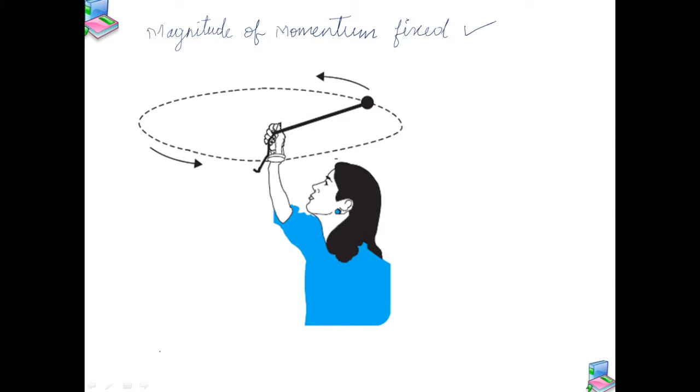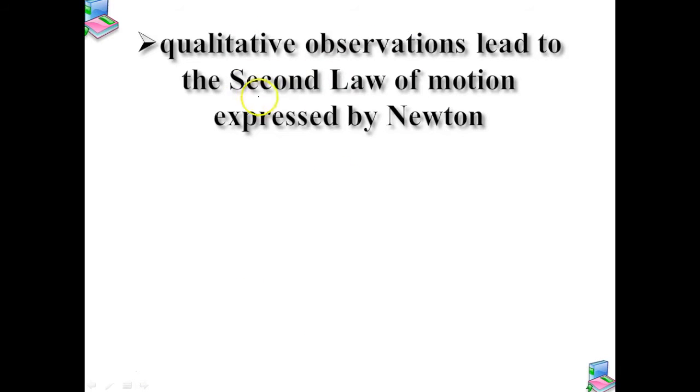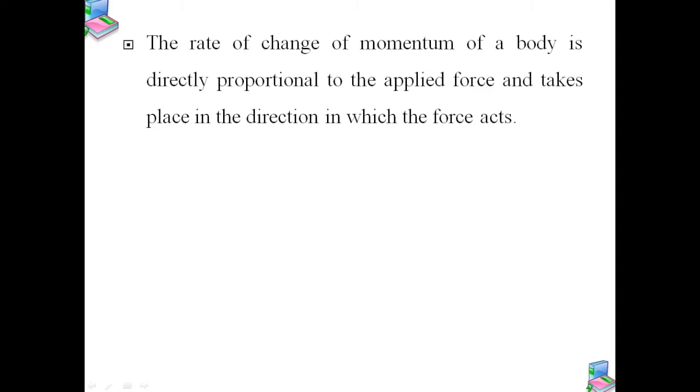Yes. So these qualitative observations led to the second law of motion, which was expressed by Newton. Newton's second law says that the rate of change of momentum of a body is directly proportional to the applied force and takes place in the direction in which the force acts.